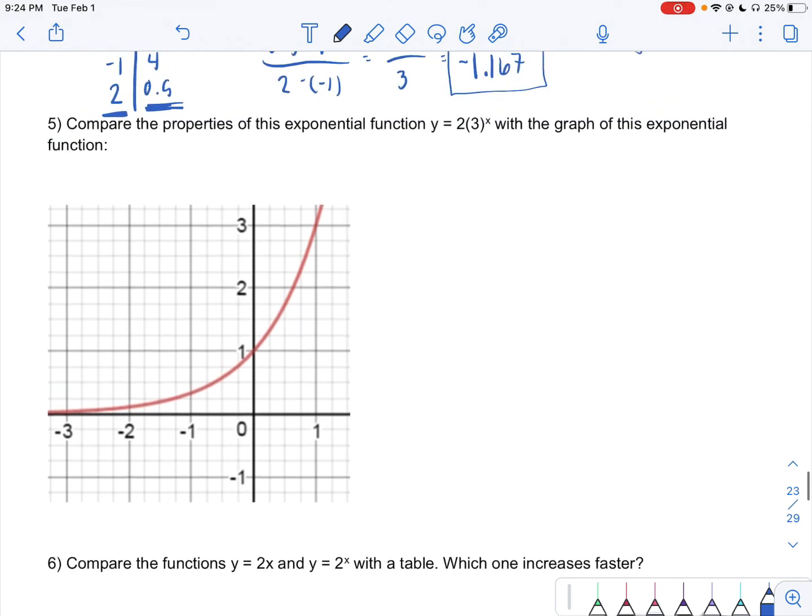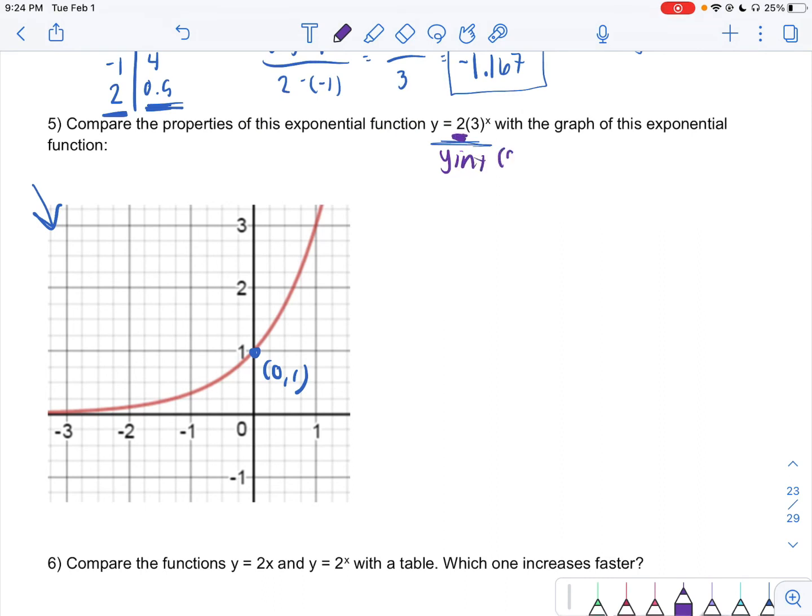Okay, I'm going to go over this really quickly, comparing the properties of this equation with this graph. A couple things we notice about this graph is that it's increasing. As x increases, so does y. The y-intercept is at (0, 1). Up here, my y-intercept, my a value, is 2.